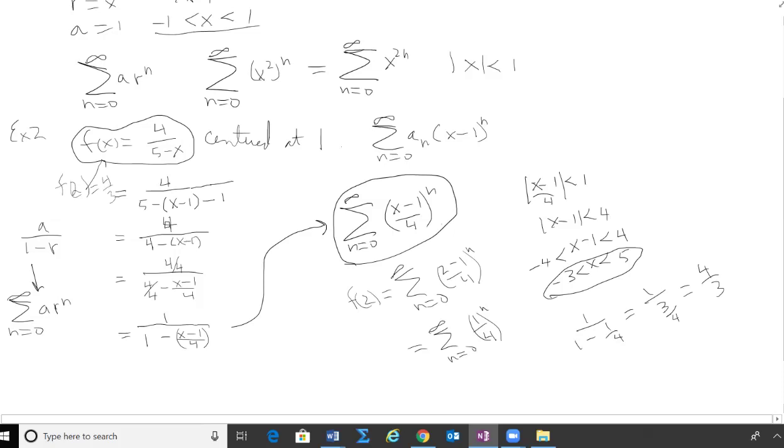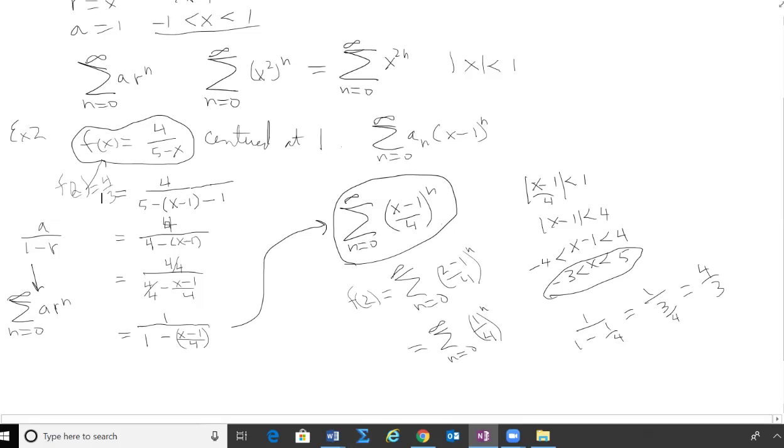Okay? And of course, the exercise here is using the sum of the geometric series to write a power series for a function, in this case a power series about c equals 1. So we were able to get that.